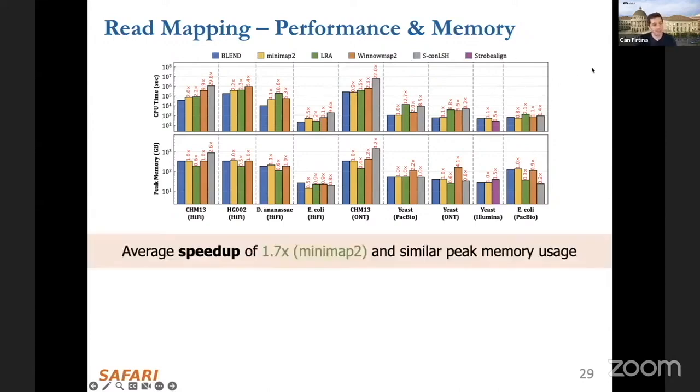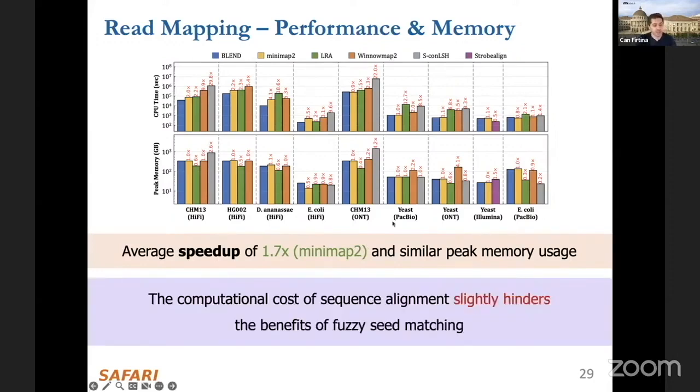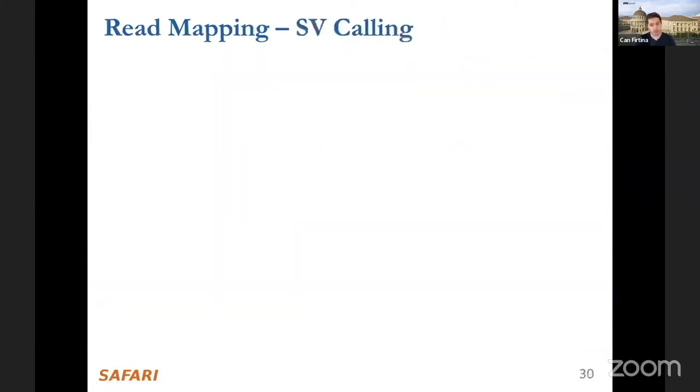What we see is that Blend provides an average speed up of 1.7x compared to Minimap2, and a similar peak memory usage across all data sets, not necessarily on the hi-fi data set. The computational cost of sequence alignment slightly hinders the benefits of fuzzy seed matching, because sequence alignment is also a very costly step in genome analysis.